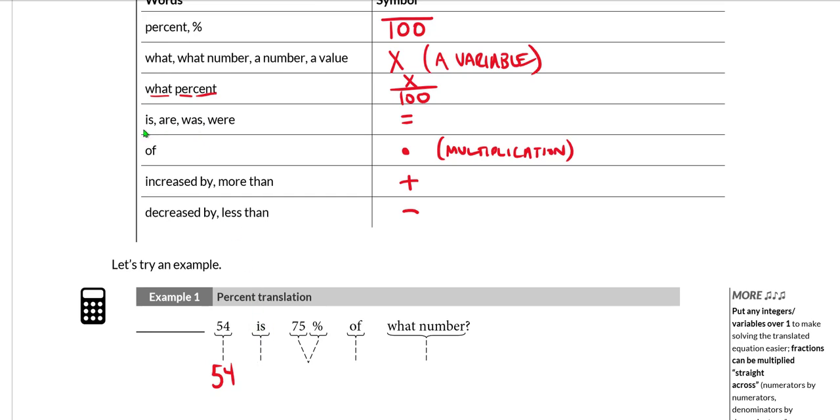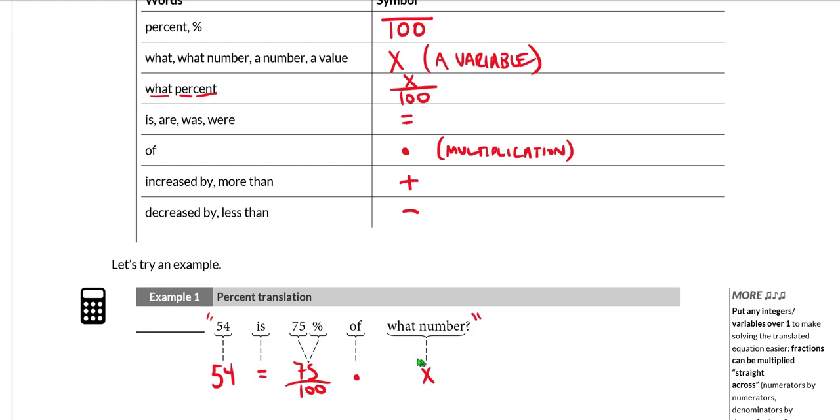Remember what we said about is, an equal sign, so we write 54 is. 75 is a number, but the 75 precedes a percent, so 75% means 75 divided by 100. Of, we said, translates to multiplication, and what number is a variable. So the statement 54 is 75% of one number can simply be translated into 54 equals 75 over 100 times some unknown. We wrote x.